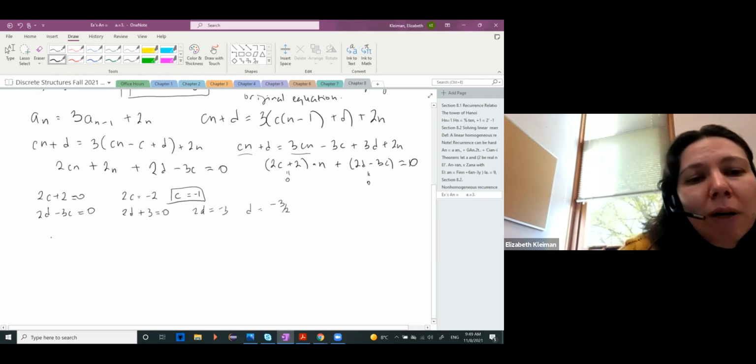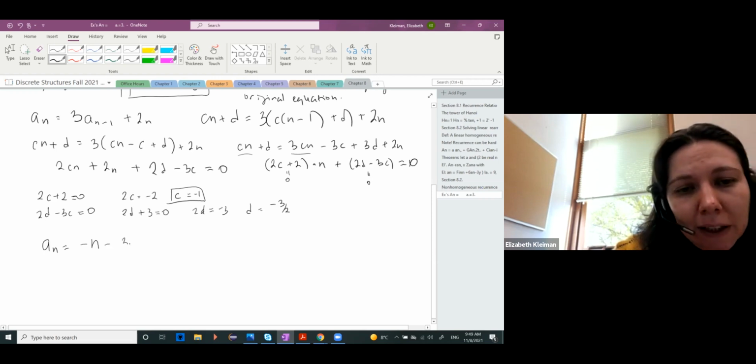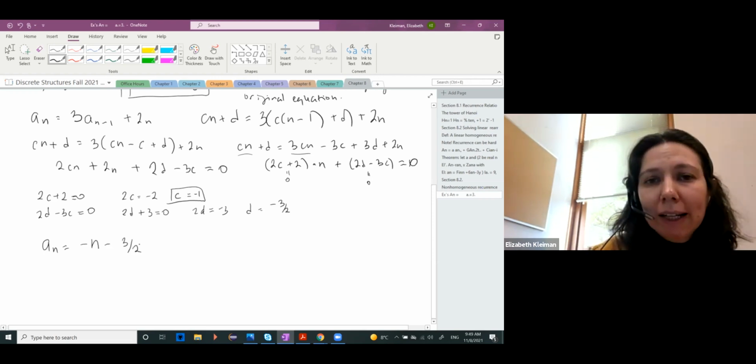So now I know that my particular solution is going to be of the form negative n minus 3 over 2. How did I get it?